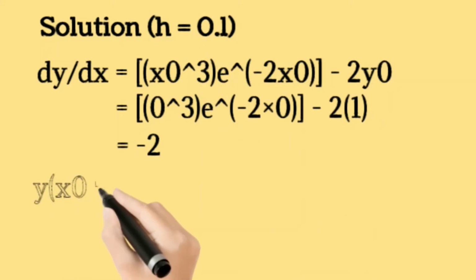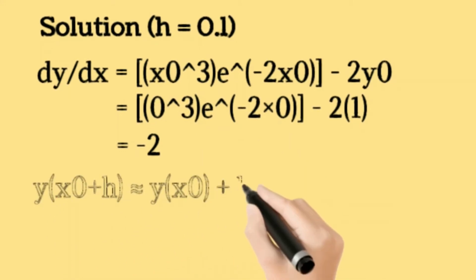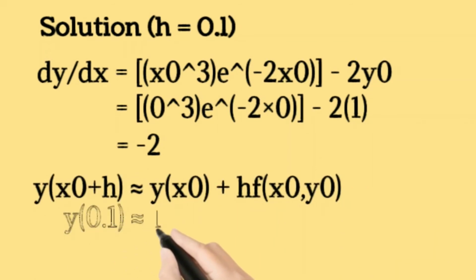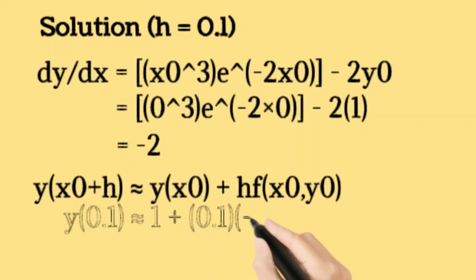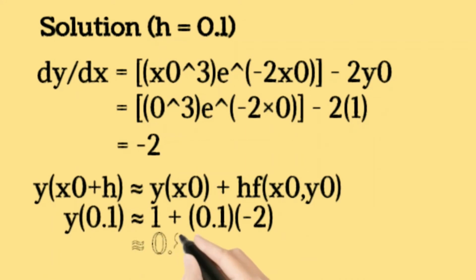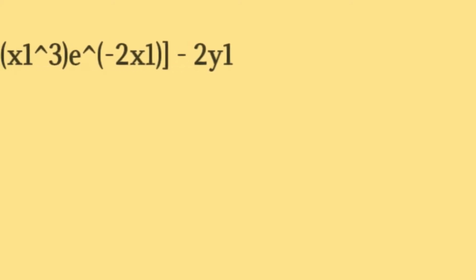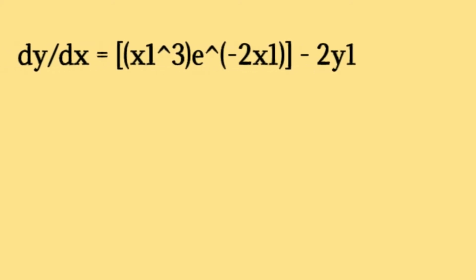We substitute our starting point and the derivative just found to obtain the next point along. Here is where we will use Euler's method, and we will get 0.8. Now, we need to calculate the value of the derivative at this new point, (0.1, 0.8).